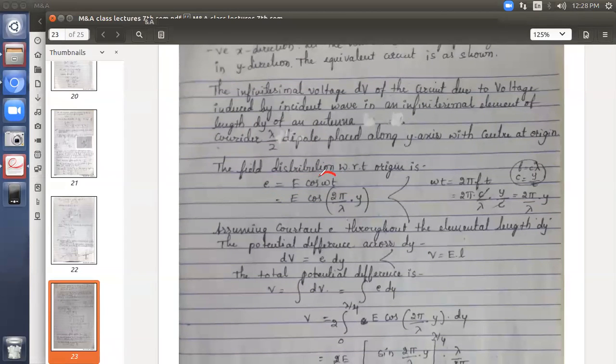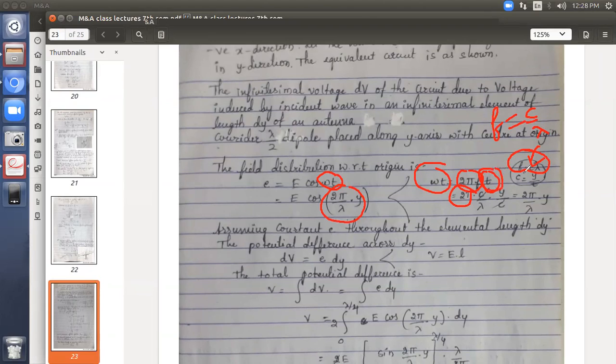If you observe, instead of omega t, I have written something here. How did I get this? Omega t is equal to 2 pi f t, and f is c by lambda. I think I wrote it wrong: c equal to f lambda, correct, so f equal to c by lambda.